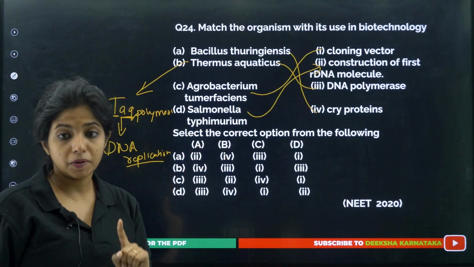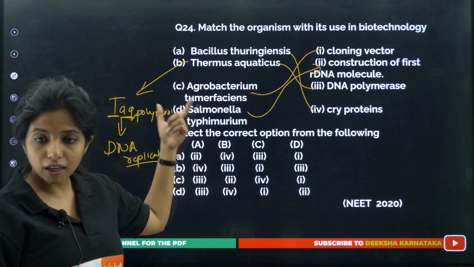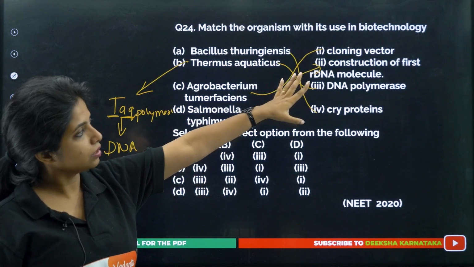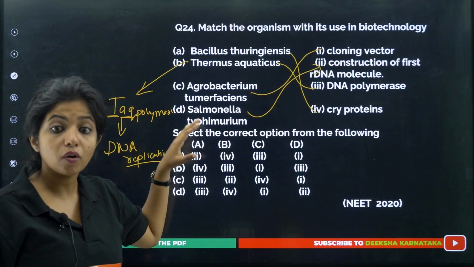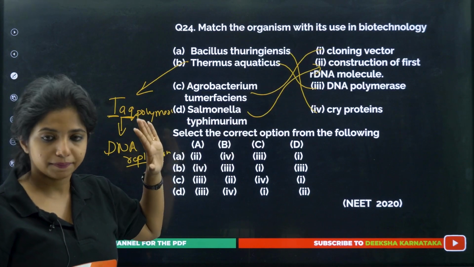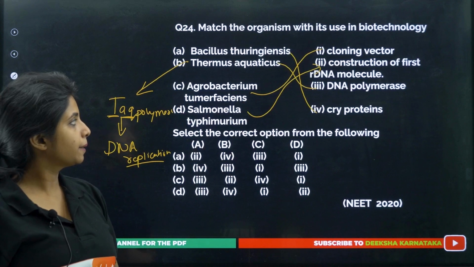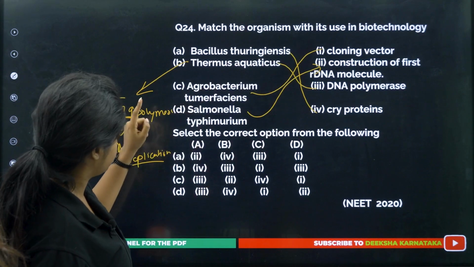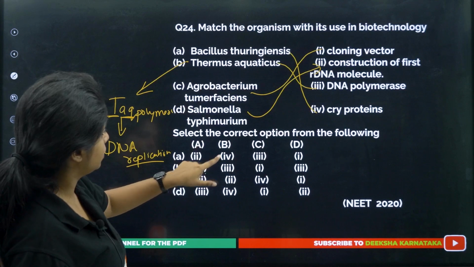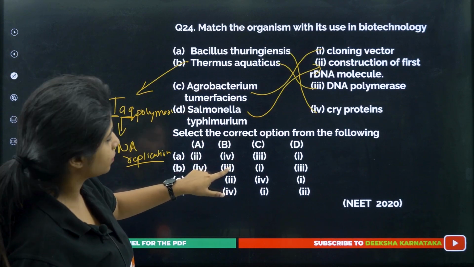In the initial part of the chapter, we discussed it. Along with it we were using E. coli also. So this is the answer. Bacillus thuringiensis is fourth. A is with fourth, B is with 3.